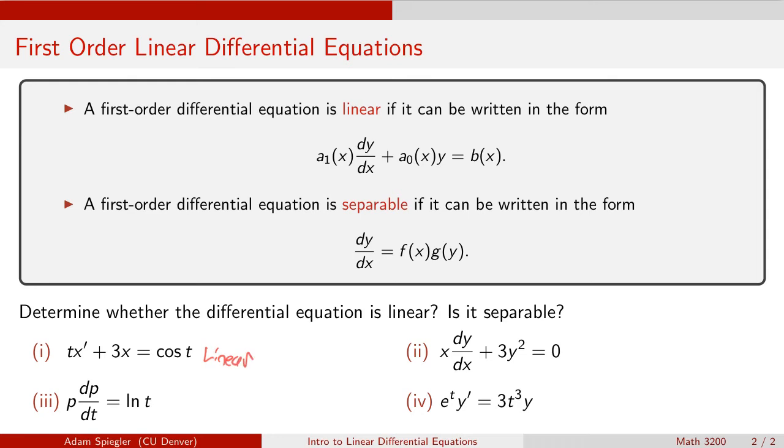And is this one separable? Well, let's see. To determine whether or not this is separable, it's useful to put it into this form. So in 1, we could bring the 3x to the other side by subtracting it. And then we could divide everything by t.